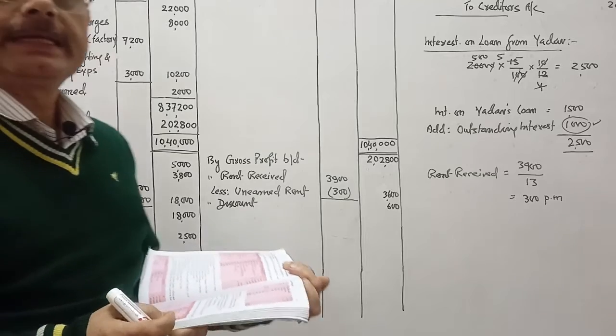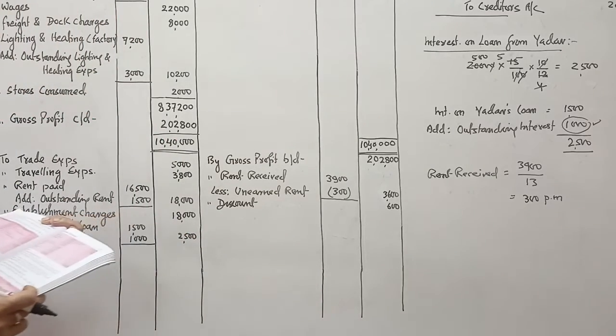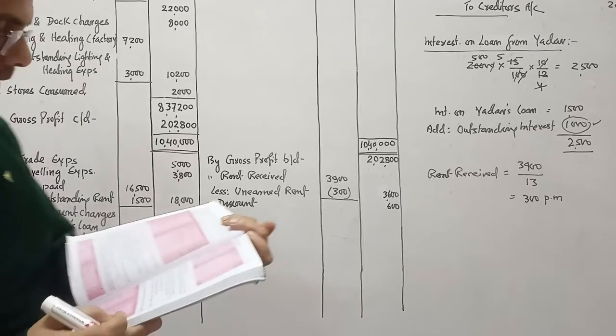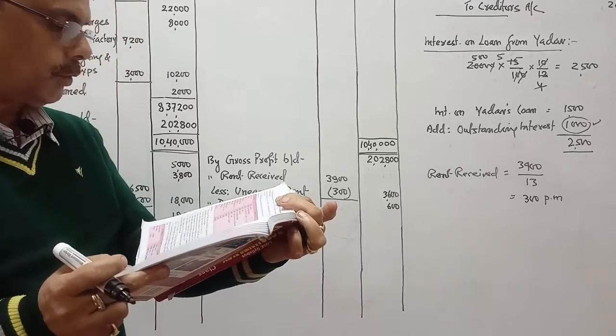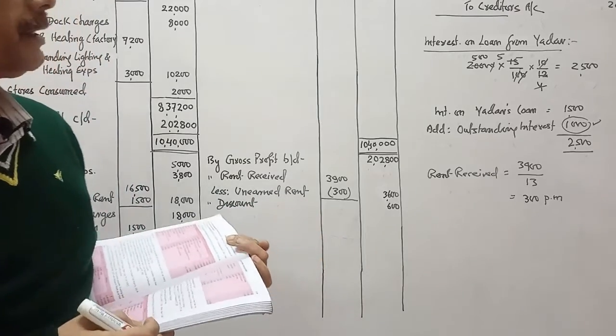So this indicates the further or additional bad debts. Thereafter, adjustment number 4, create a provision of 5% for doubtful debts.